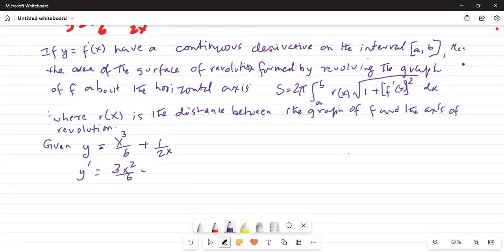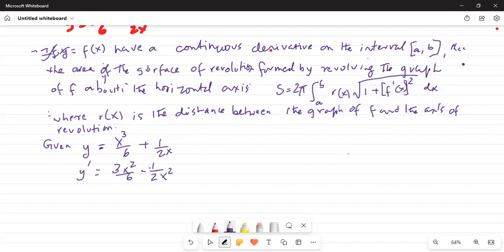1 over 2 is constant. So minus, half x to the power of minus 2, because the derivative of x to the minus 1 is x to the minus 2, so the power comes to the denominator.